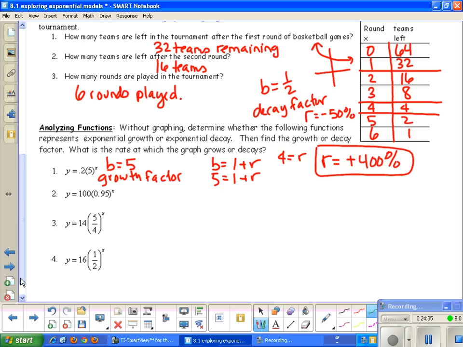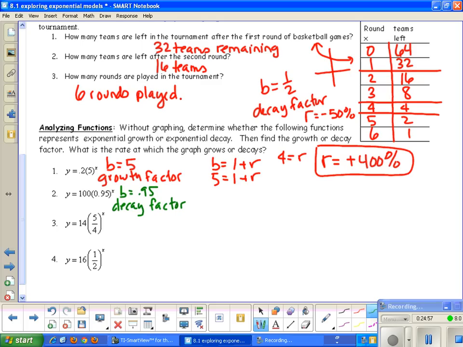So if you look at number 2, I see my b value is 0.95. Since it's a decimal in between 0 and 1, this is a decay factor. Then to find the rate at which I am decaying, I have to plug this in to solve.